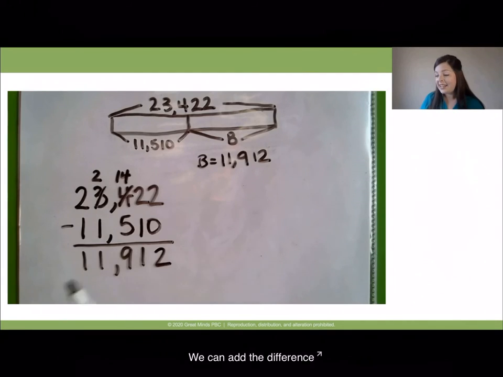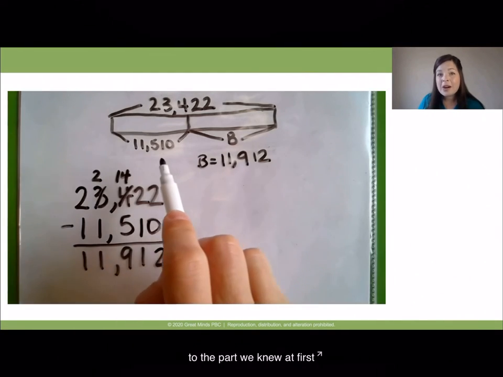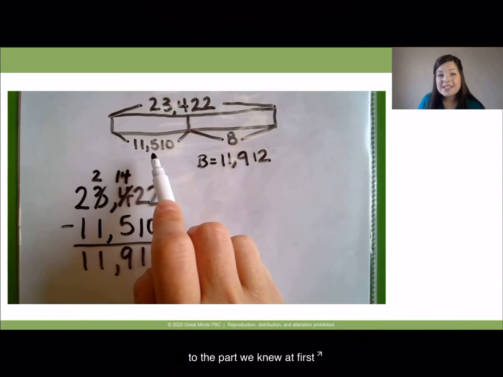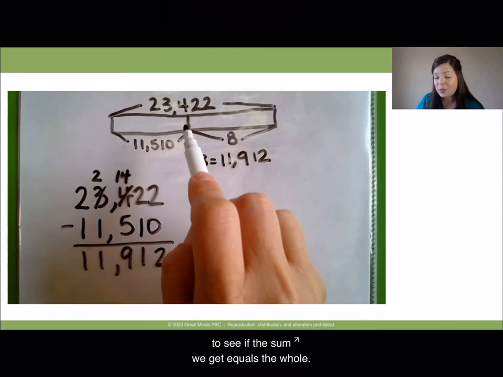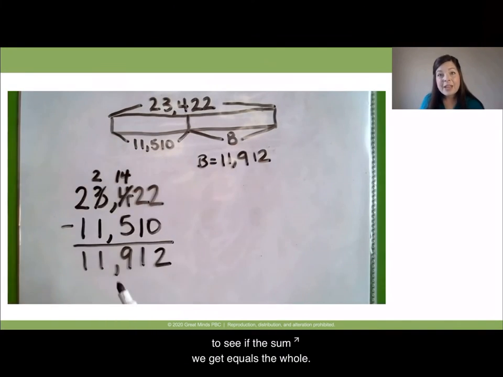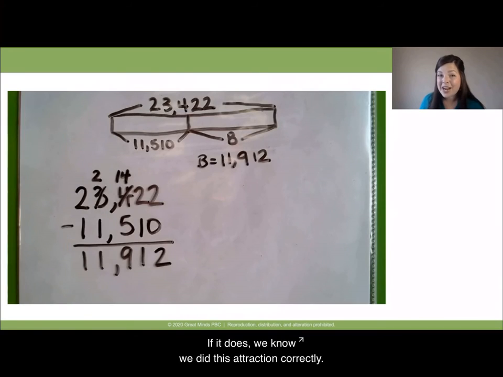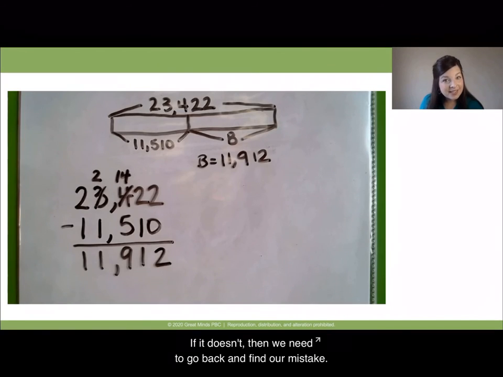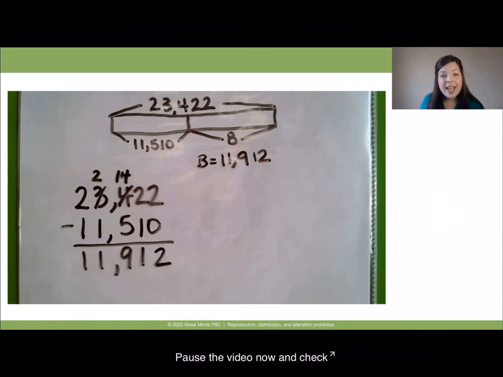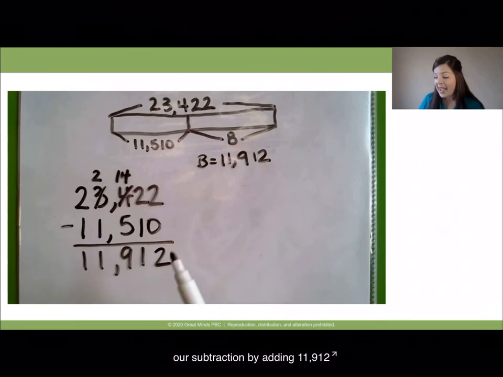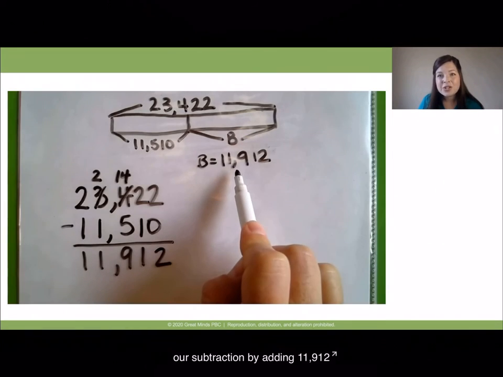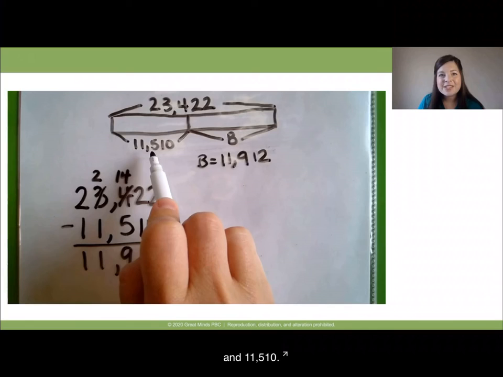We can add the difference to the part we knew at first to see if the sum we get equals the whole. If it does, we know we did the subtraction correctly. If it doesn't, then we need to go back and find our mistake. Pause the video now and check our subtraction by adding 11,912 and 11,510.